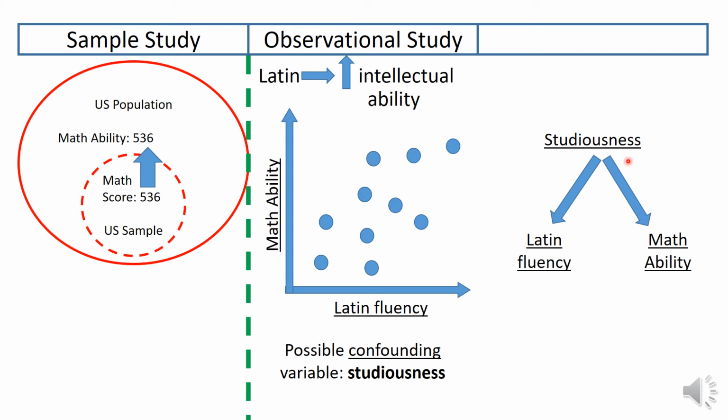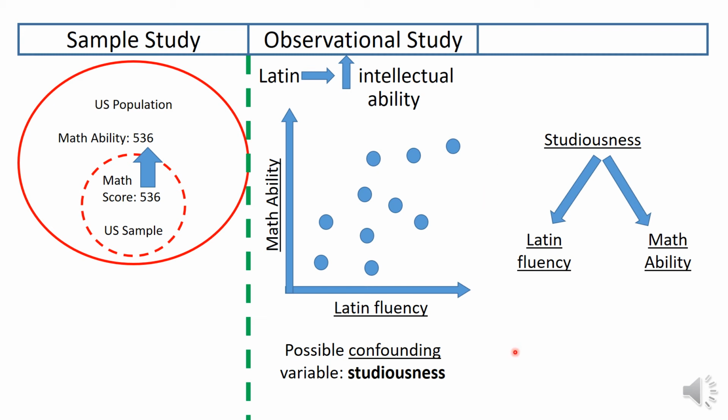One of them is studiousness. There could be any number of other possible lurking and confounding variables. So that's why when you use an observational study and you get a correlation, you can never really know what's going on causally. At least you can't know for sure.